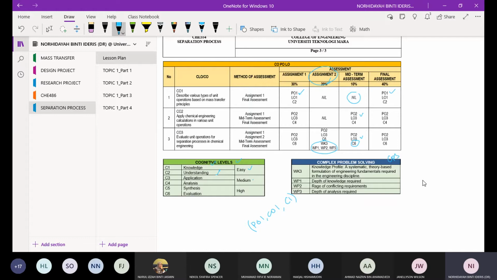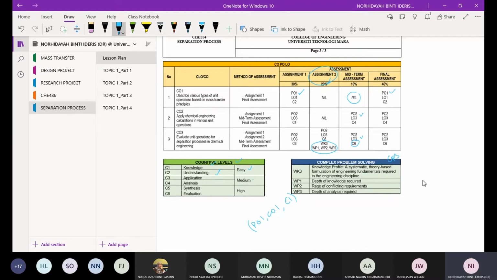You need to have a knowledge profile. Knowledge profile means a continuity of the understanding that you have learned before: mass balance leads to mass transfer, leads to design of equipment. So there is a sequence of knowledge.